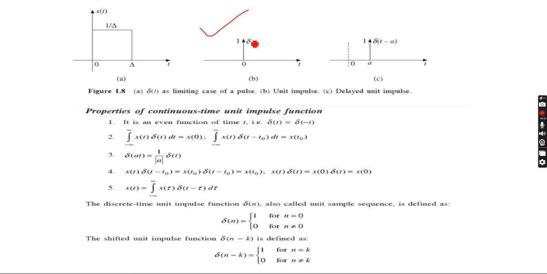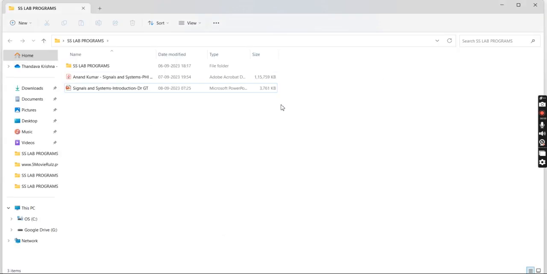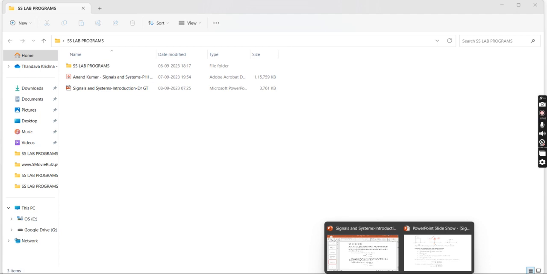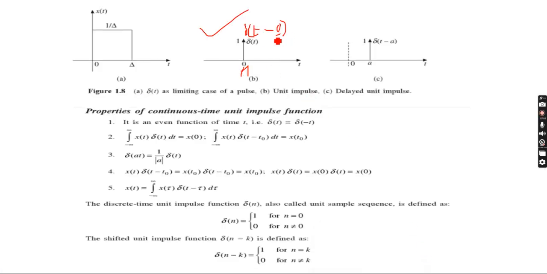The signal exists at only one value of t, especially at t equal to 0. If you say delta of t minus a, compared with delta of t minus 0, the impulse exists at t equal to a, because in the place of 0, a is there. So that is a shifted unit impulse function. These are the properties.